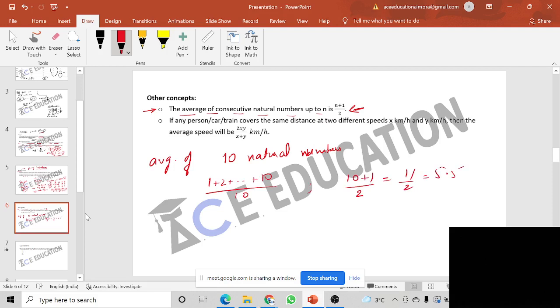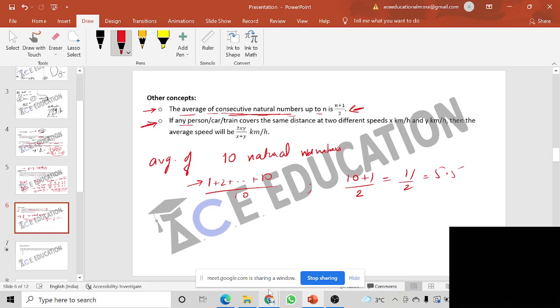The necessary point is that they should be consecutive natural numbers starting from 1, so it is 1 to n. The second is a very important thing because a lot of people make mistakes here. It is the concept of time, distance and speed as well.